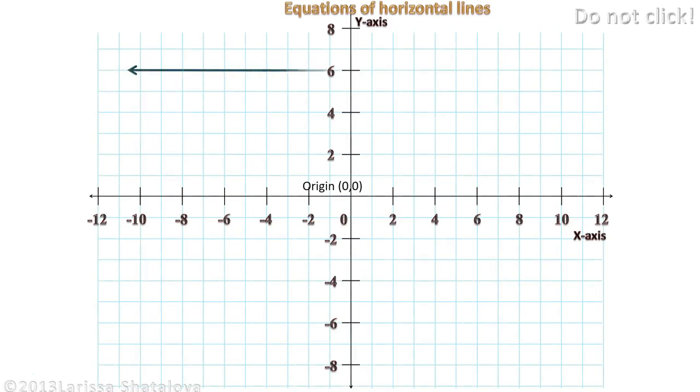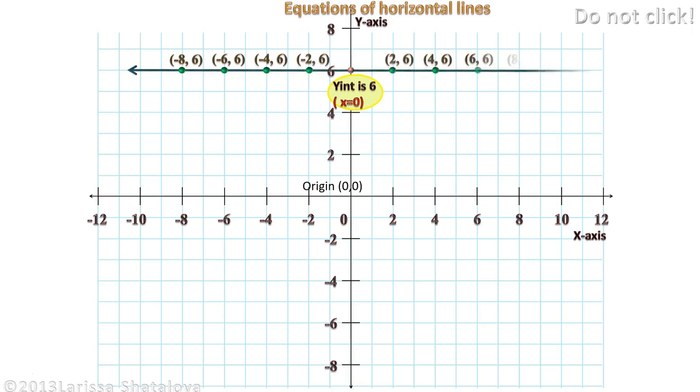Horizontal lines. Similar approach. Here is a horizontal line and the y-intercept is 6. Now, if you want to draw this line, we are going from the left to the right, and as you see, for all points, the y-coordinate is 6. This is why we can show this as the equation. Y equals 6 for this horizontal line.